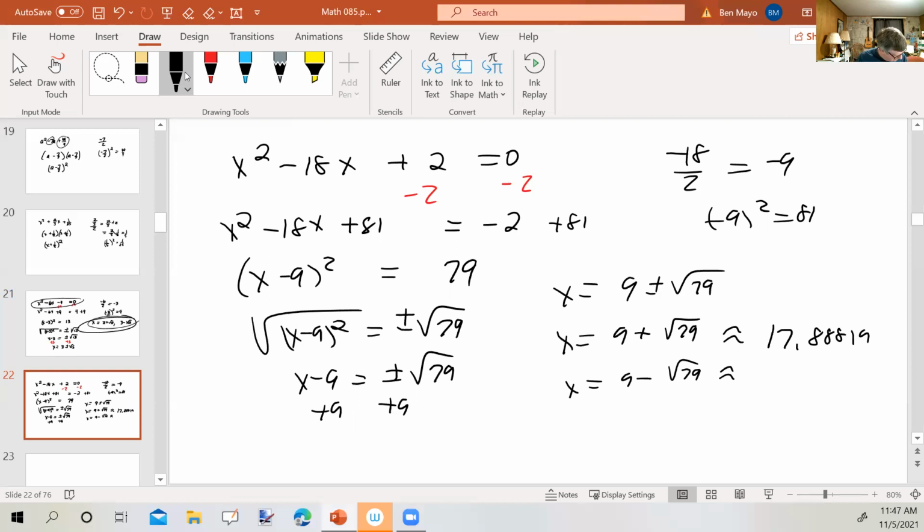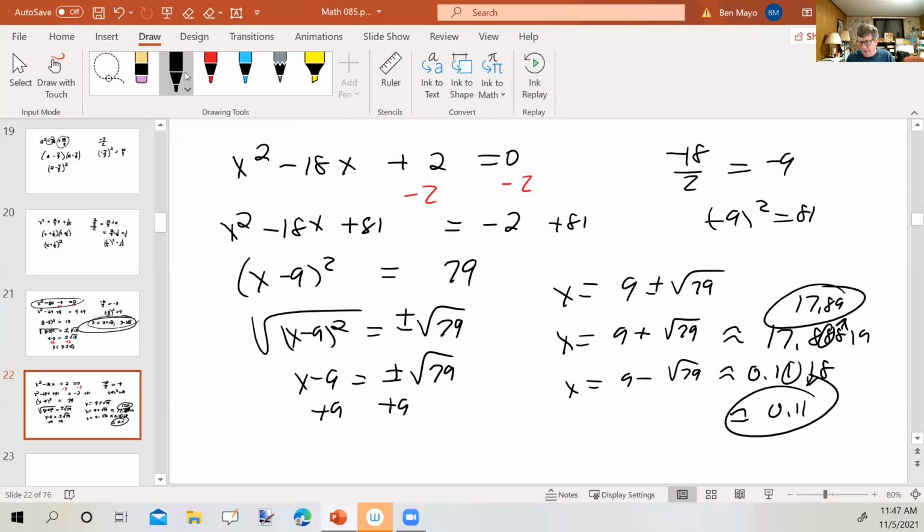Let's see here. So that would be 17.89, because this 8 would round up. So there's my first answer. And then my second answer, 0.1118, rounding to the nearest hundredth would be 0.11. So 17.89 and 0.11 would be the solutions to the nearest hundredth.